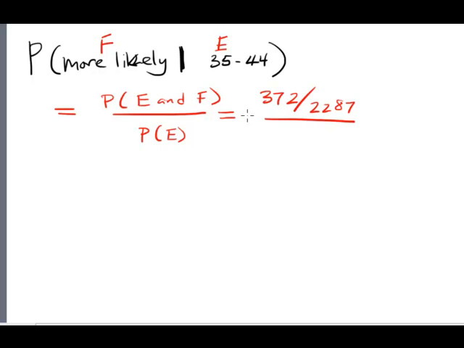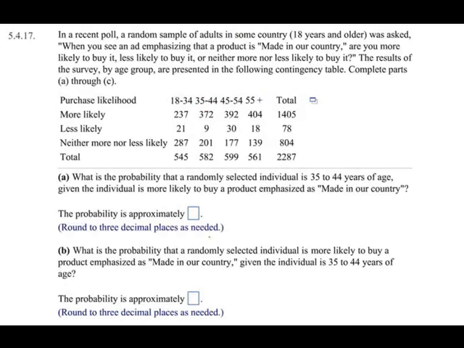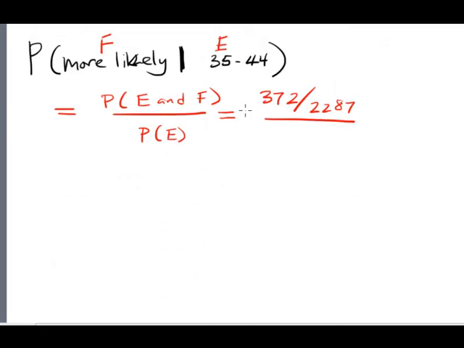In fact, let's go see. What's the probability that we have a 35 to 44-year-old? Well, do you see that right here? Look, the probability that we have a 35 to 44-year-old, that's this column here, is 582 out of 2287. So 582 is going to be my denominator. And again, our same rule of flipping and multiplying is going to happen.